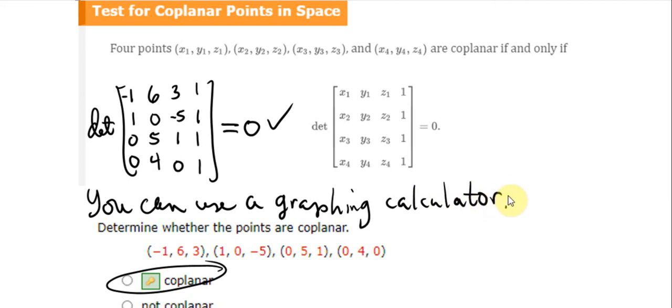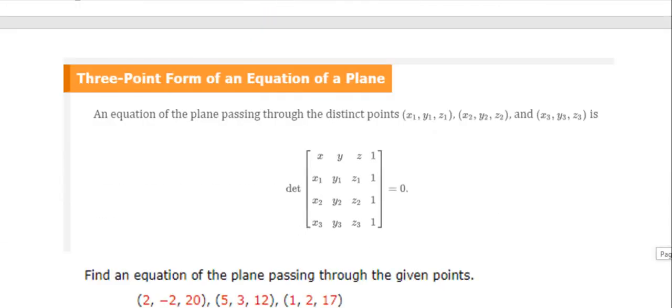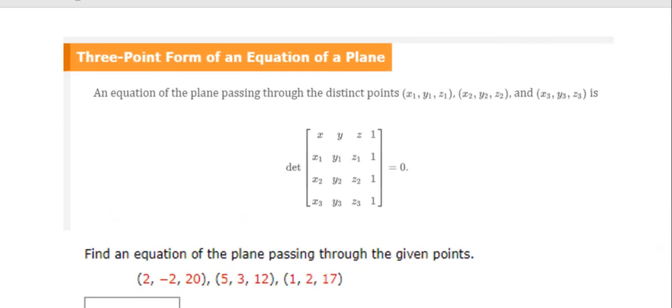Well, that's what I did. And then the last bit of information in this section is the 3-point form of an equation of a plane. If I'm given 3 points in a plane, can we determine the equation of the plane?